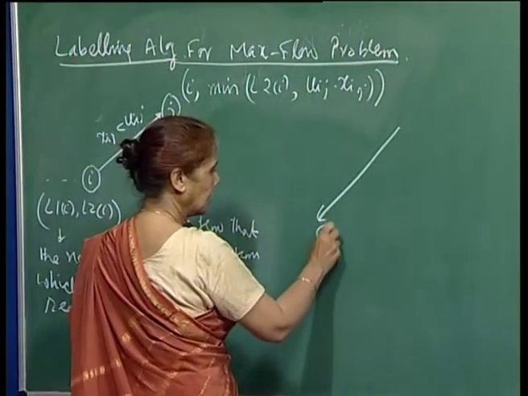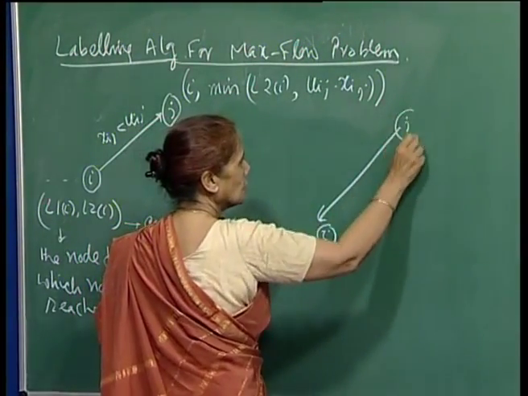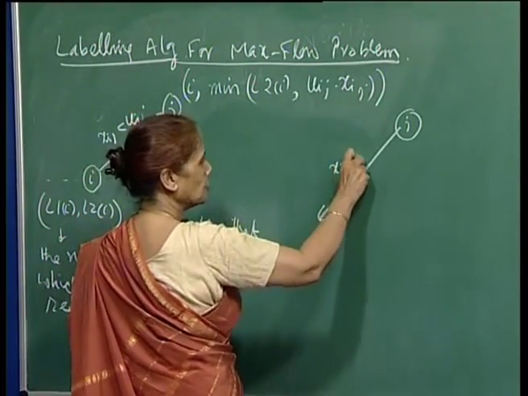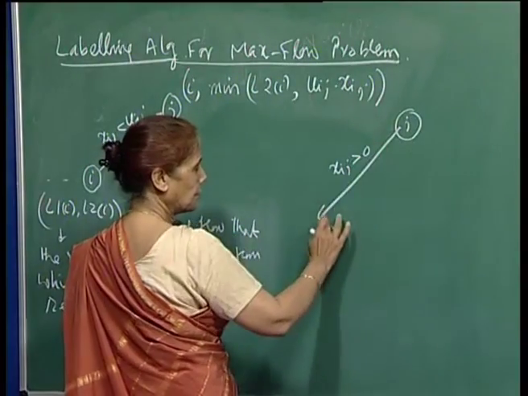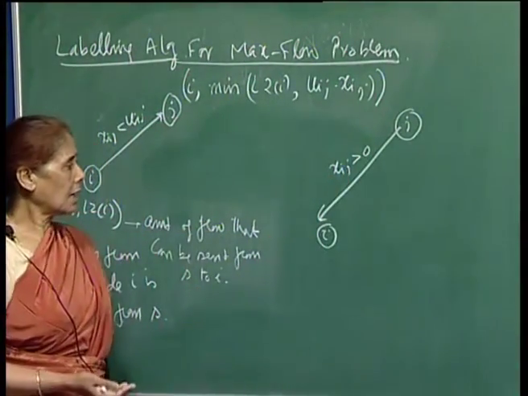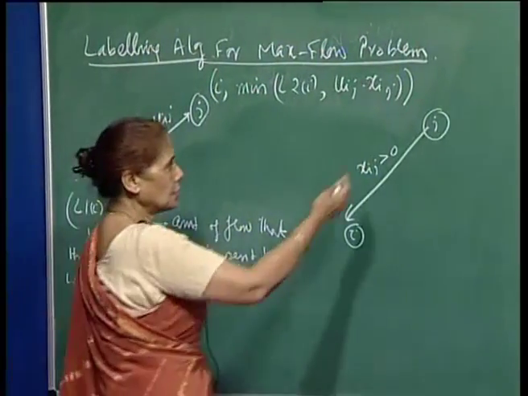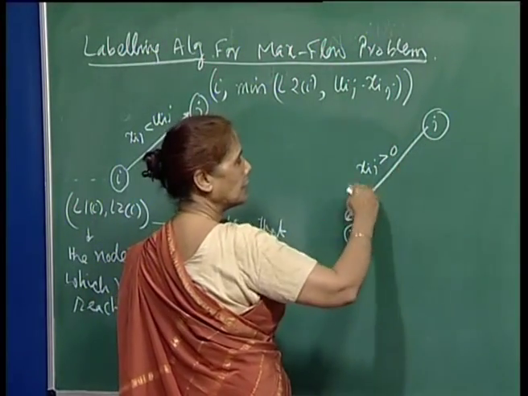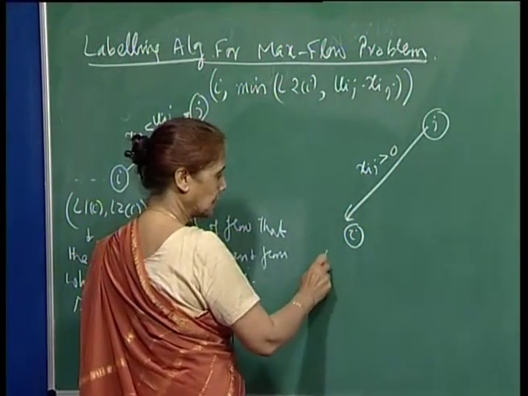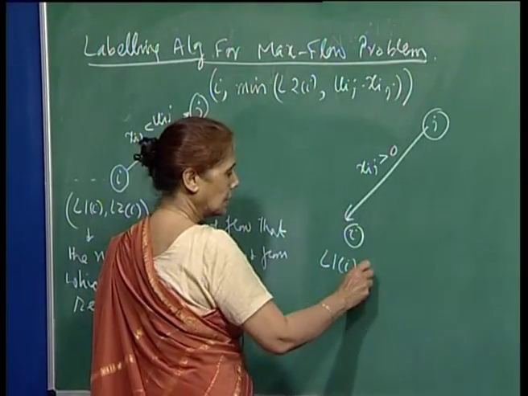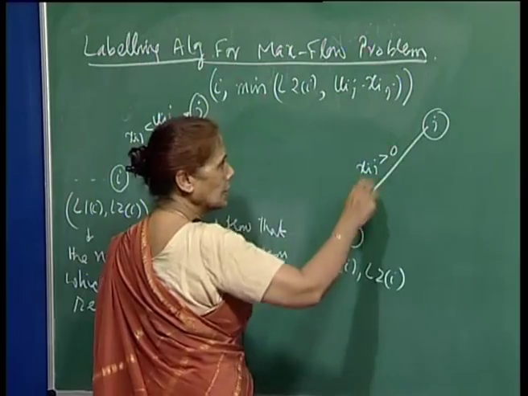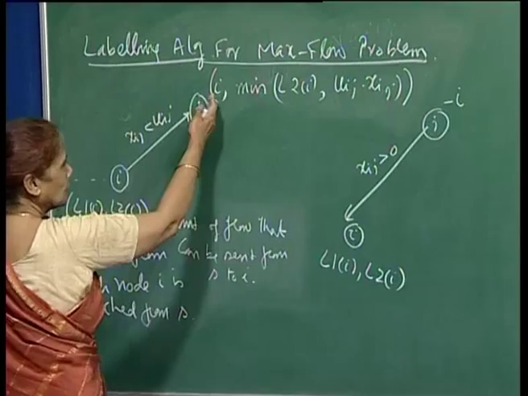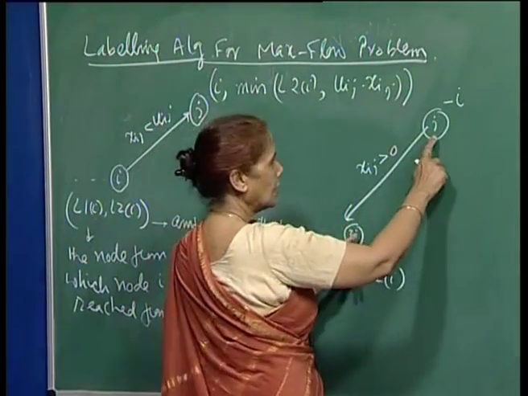In case your arc is like this, so I has been labeled and this is J. Then here you will require that xij should be greater than 0, because when you want to label J from I, that means you will be reducing the flow on arc Ji essentially. If there is a positive flow from J to I, when I traverse it in the opposite direction from I to J, I will be reducing the flow. So, here if this is L1I and this is L2I, the label will become minus I. I did not write plus I, it is understood, but minus I means that you are traversing the arc in the opposite direction.